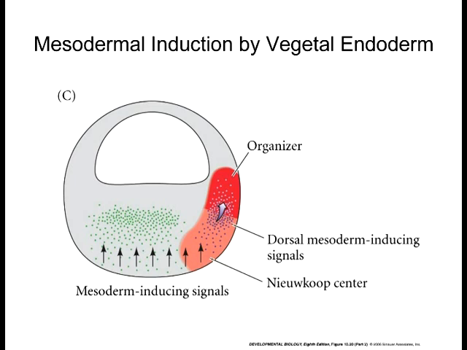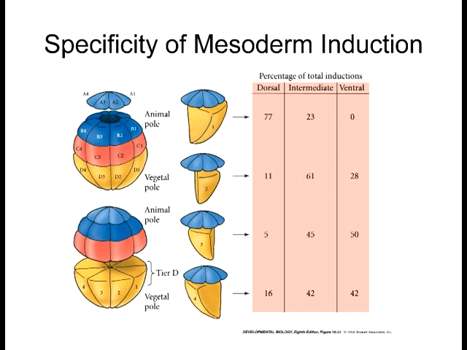Now, this is not the organizer. However, they showed that the nieuwkoop center induces the organizer. So these cells release paracrine signals that will then tell these cells to take on that fate of then releasing other paracrine signals. So the organizer doesn't form until the nieuwkoop center sends out these paracrine signals to cause it to form. They've shown this through a number of various transplantation experiments on how you get this induction process, which I'm not going to go through for this.